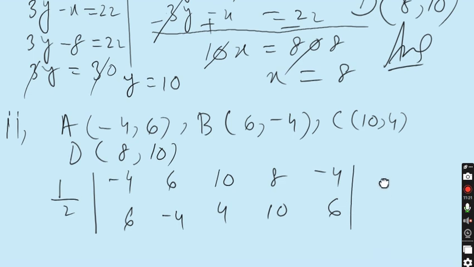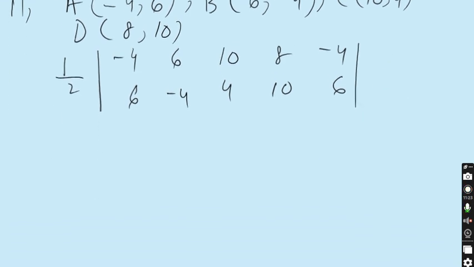This is the determinant formula of area of any kind of quadrilateral. So 1 upon 2, first multiply these two, then these two, then these two, and then these two.